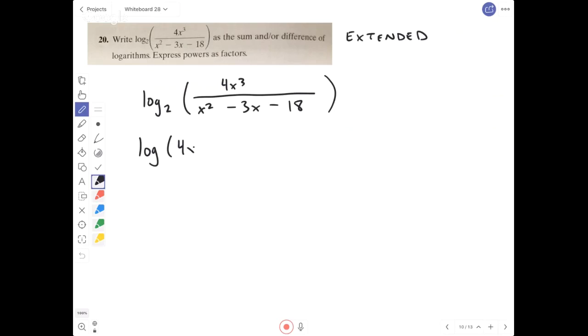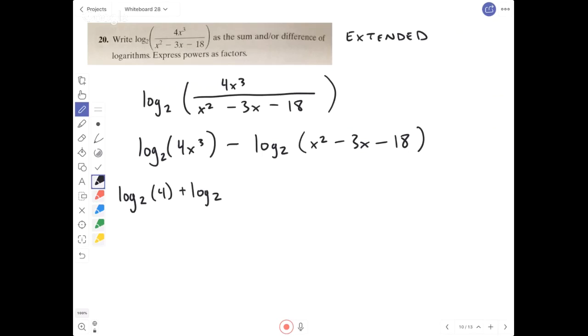So log of 4x cubed is equal to, and then minus log base 2 of x squared minus 3x minus 18. Okay? And then here I can say the log of a product is the sum of the logs. So log base 2 of 4 plus log base 2 of x cubed minus log base 2.